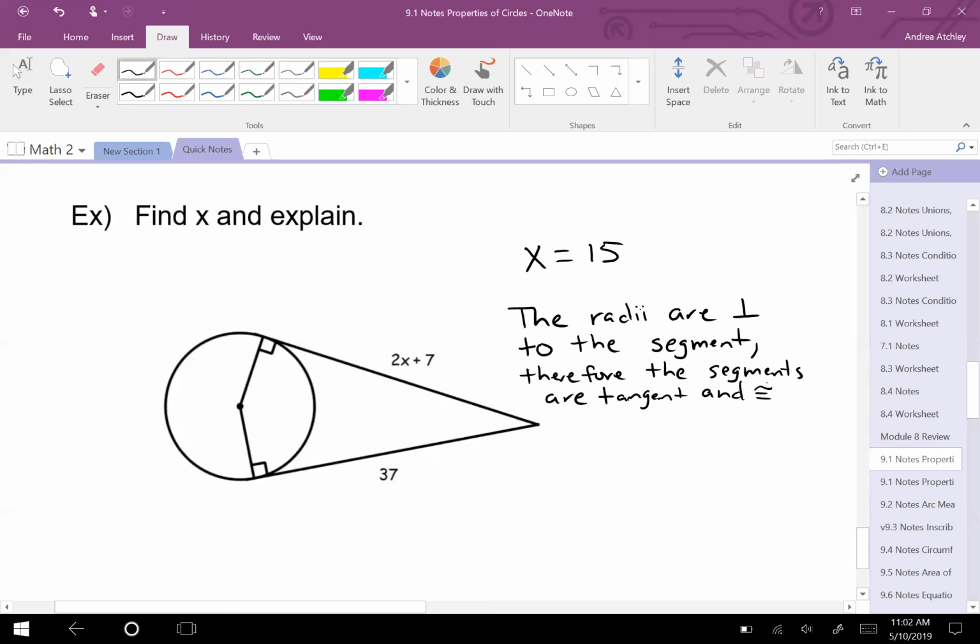Once you prove that these are tangent because they're perpendicular to the radii, then that means they're tangent, so they are congruent to each other. So using both those theorems we just covered. Any questions over that?